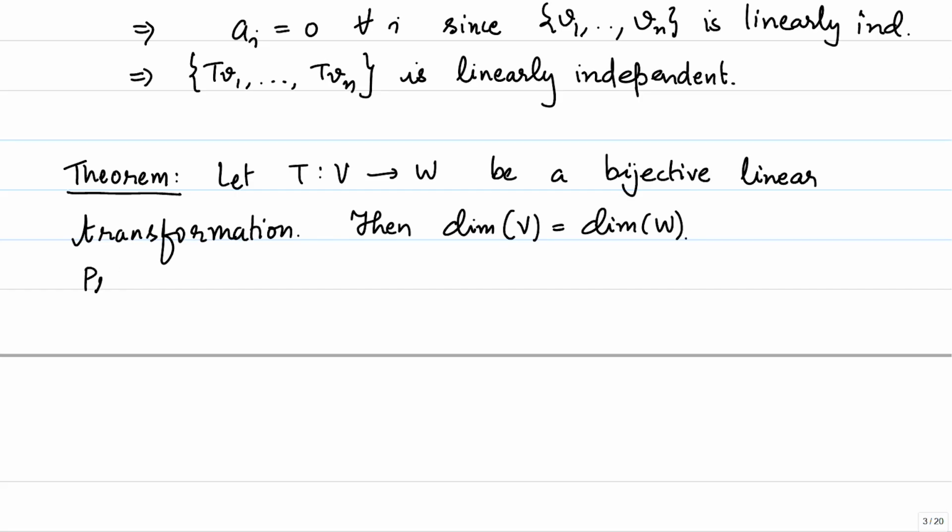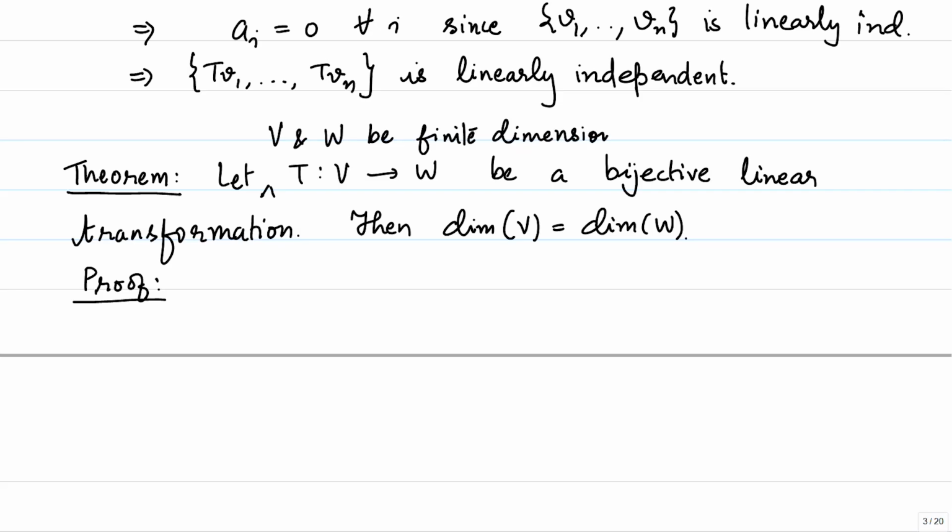It's a remarkable statement because the moment we have a bijection, we have that the dimensions are preserved. Alright, so let's start with, okay, I should have added one assumption here. Let V and W be finite dimensional vector spaces.